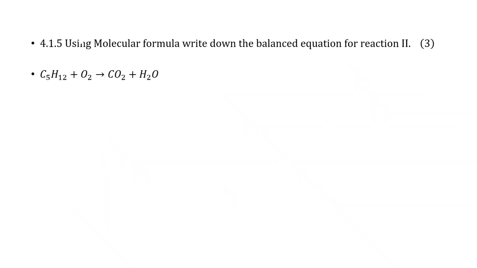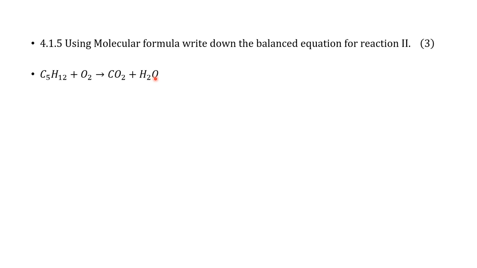Next question. Using molecular formula, write down the balanced equation for reaction 2. Any alkane that reacts with oxygen will always form carbon dioxide and water. So we have C5H12, which is pentane, reacting with oxygen in the presence of heat to form carbon dioxide and water.